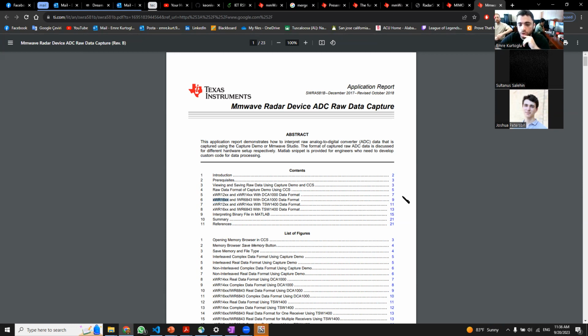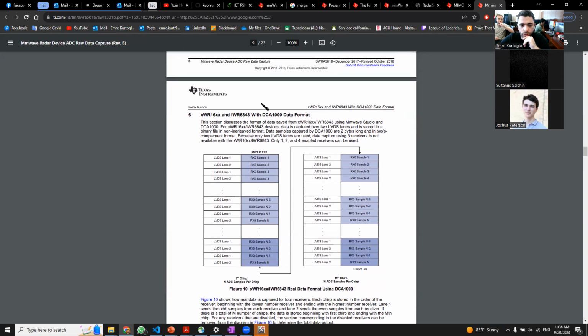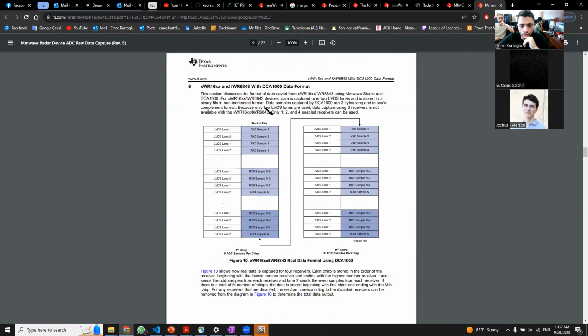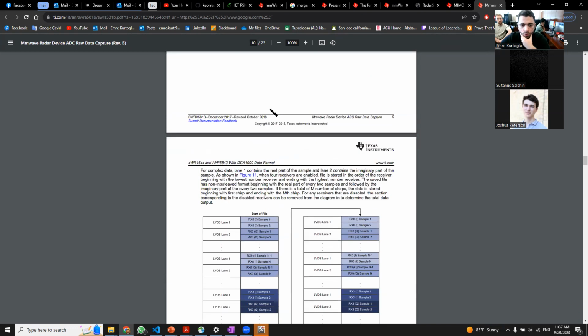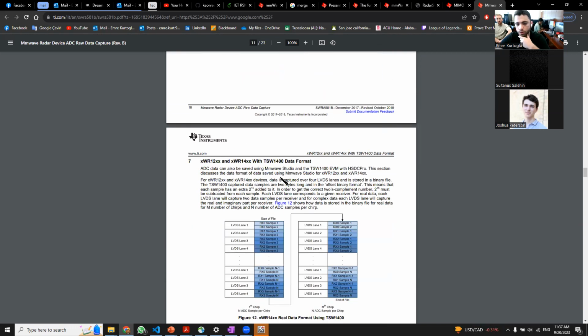So you need to make sure that they are correct. You can find this information here. They are explained in these tables. You can read them and check how you are supposed to decode your collected samples. For each radar, there are certain differences. You need to be careful about this.